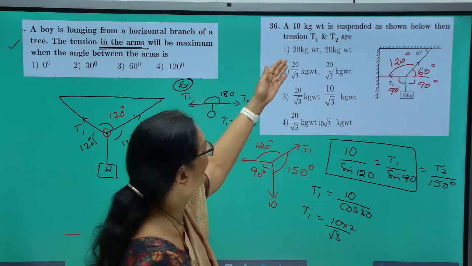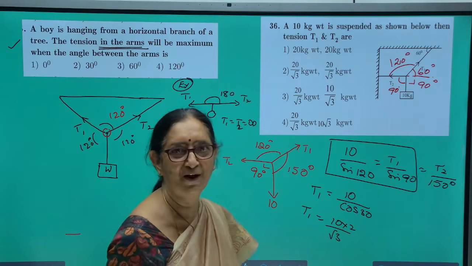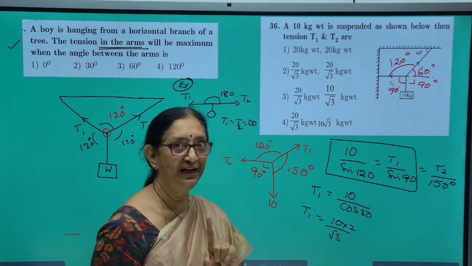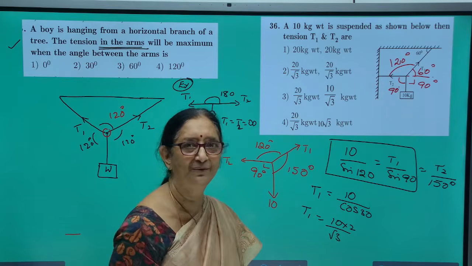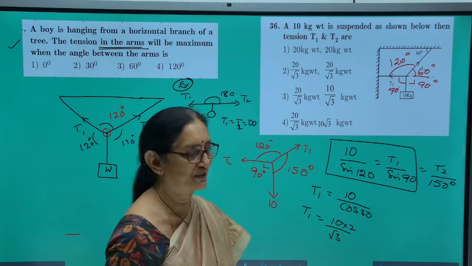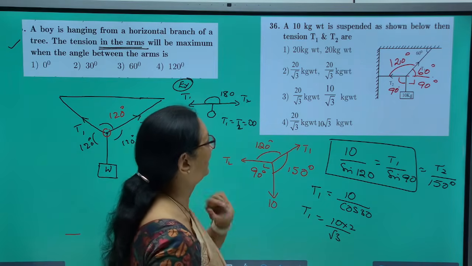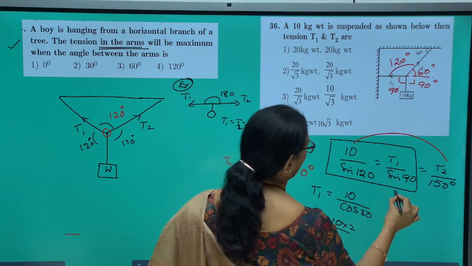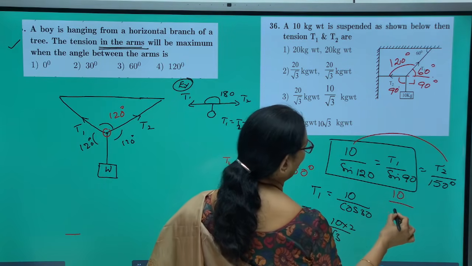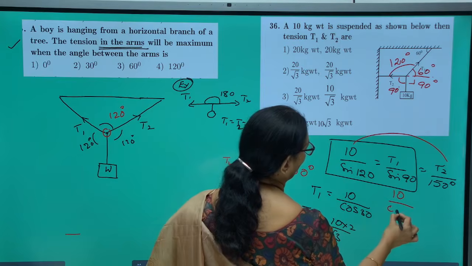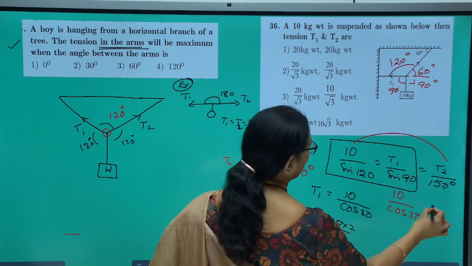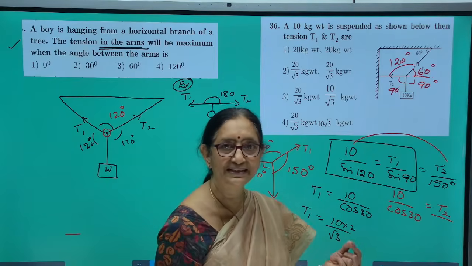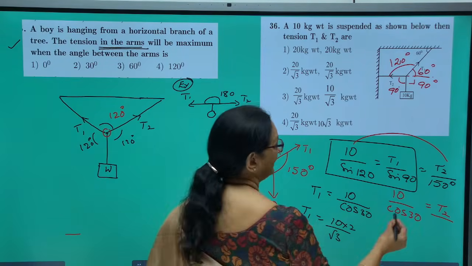So, T1 is 20 by root 3 kg weight, there are 3 options. So, you have to find out T2 also. If there is only one option with T1 as 20 by root 3 in the exam, you can just pick up the option. But here as there are 3, you need to find out T2 also. Now, considering these two, 10 by sin 120 is cos 30, that is equal to T2 by sin 150, that is 90 plus 60, that is cos 60.